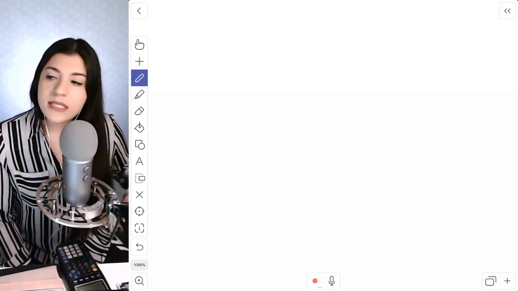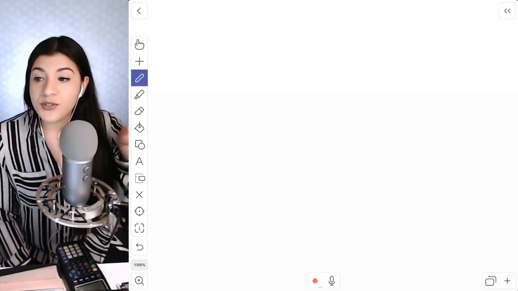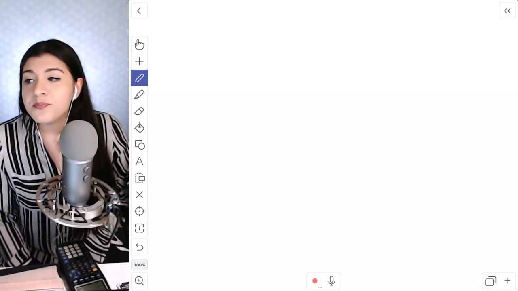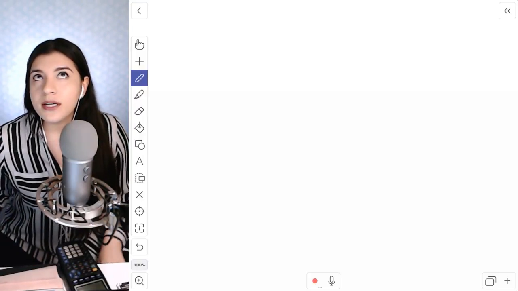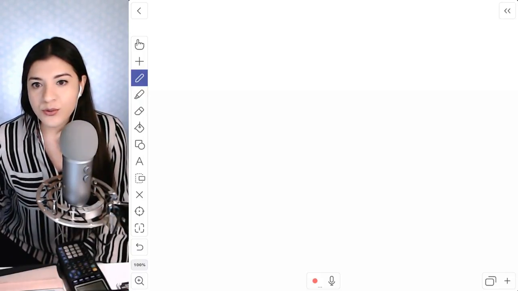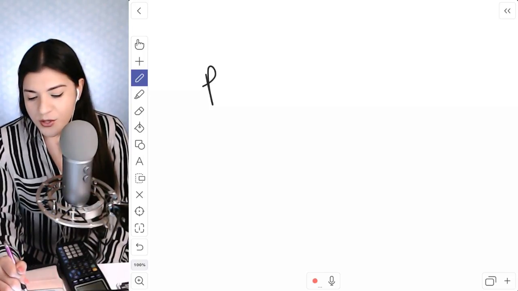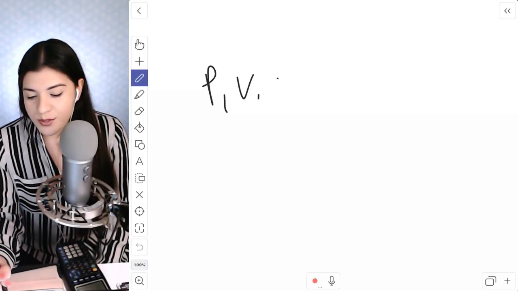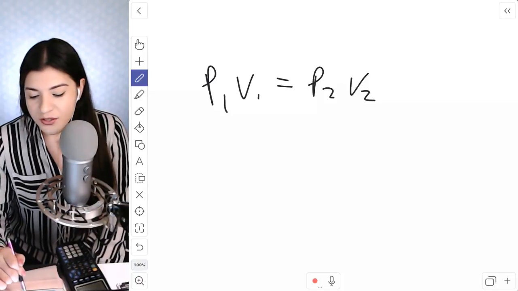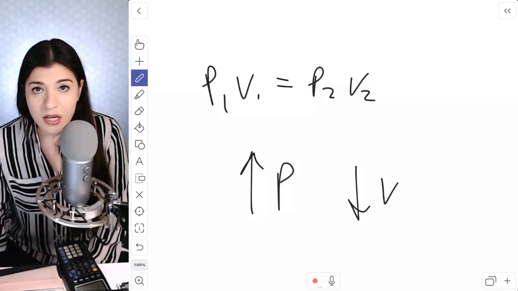Okay, so by the fact that it's stating holding the temperature, that means temperature is constant. So temperature in this case is irrelevant. We're not going to use it. Instead, we want to compare the relationship between pressure and volume. And this goes back to Boyle's law, where Boyle's law states, like remember doing that P1V1 is equal to P2V2? Well, essentially the concept is as we increase one, the other one decreases.